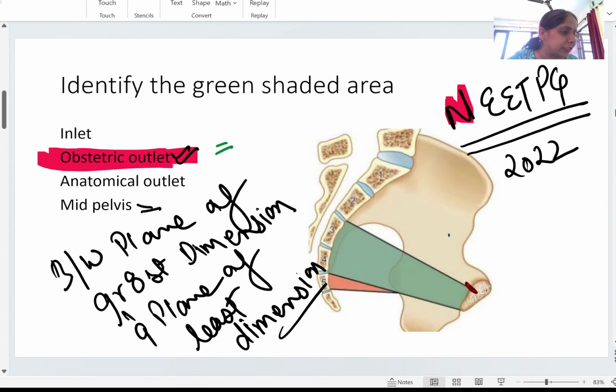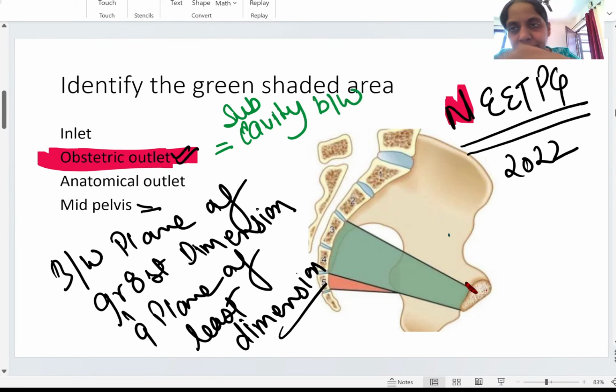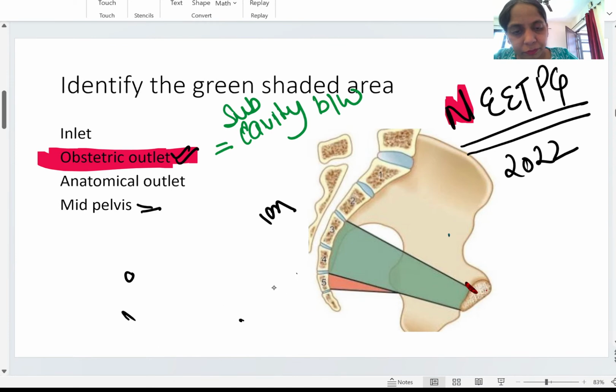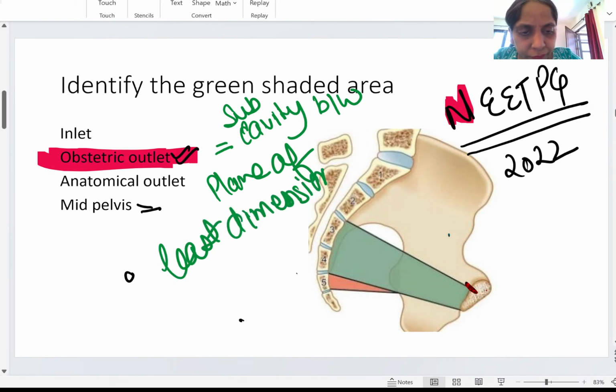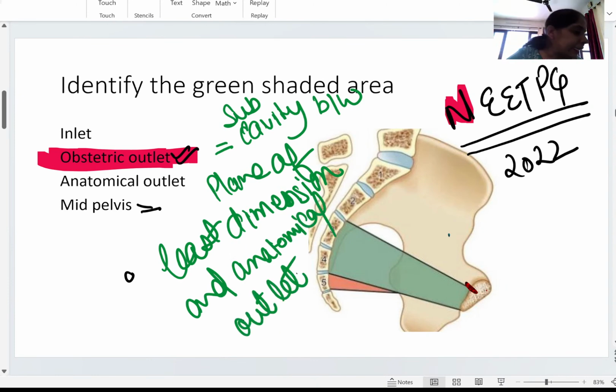It is the cavity, or you can say subcavity, between the plane of least dimension and the anatomical outlet. Is it clear? What is obstetric outlet?